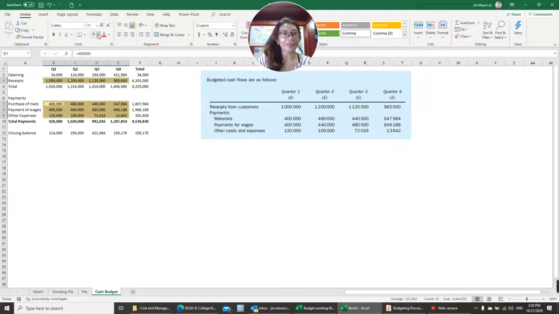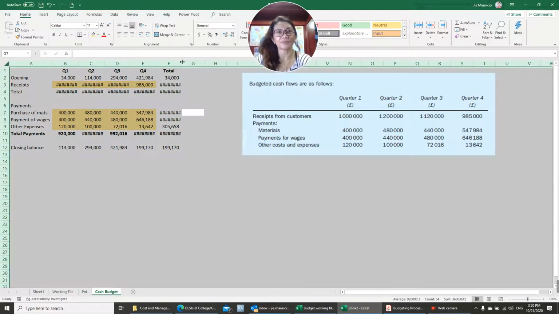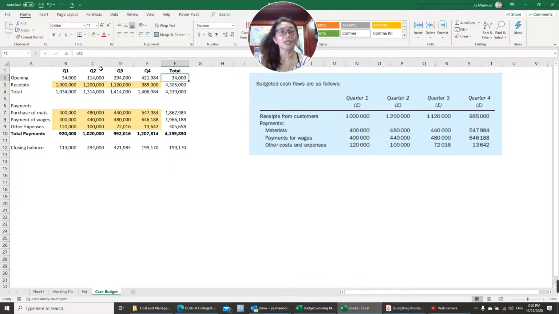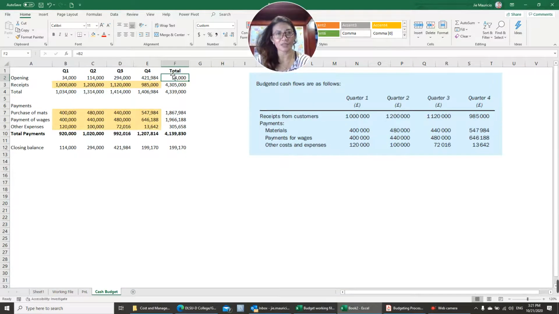Okay. And then, as mentioned, the opening cash balance is your ending cash balance on the prior year's balance sheet. Okay? So don't confuse it should be linked to Q4. Okay?